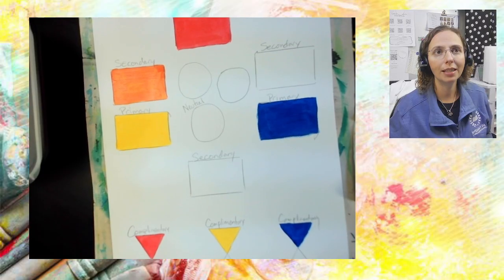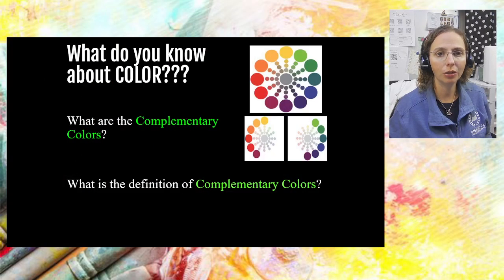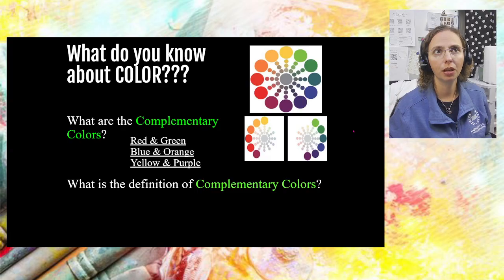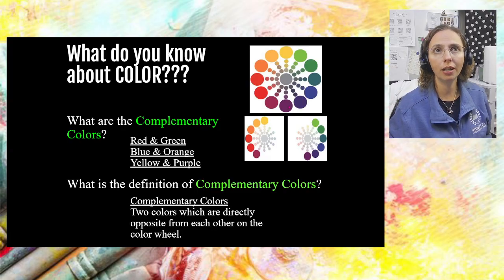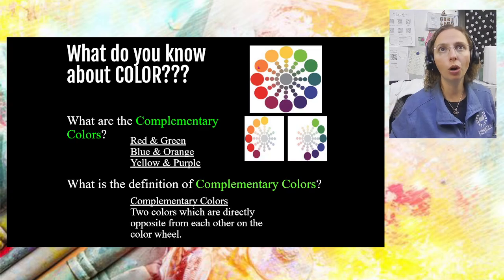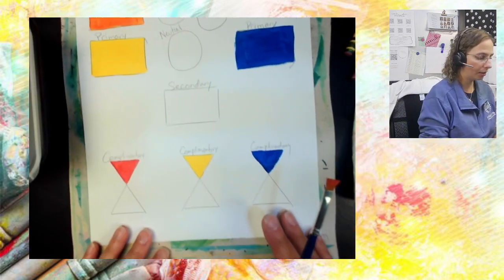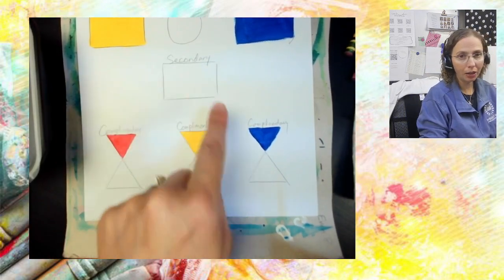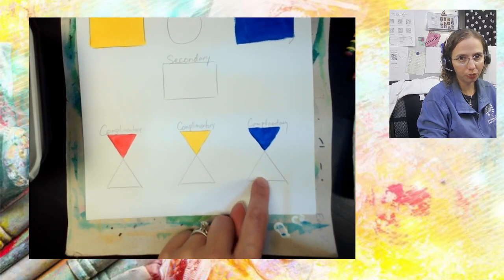But I want to go back to that color wheel for just a minute because we're going to talk about our triangles at the bottom of our page. The idea is the triangles represent our complementary colors. So if we're painting orange, we need to remember that straight across is blue. So when we come down to the bottom of our worksheet, we are going to paint our orange across from the blue.